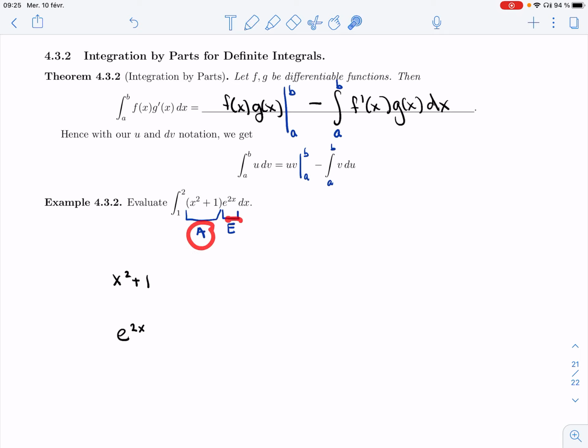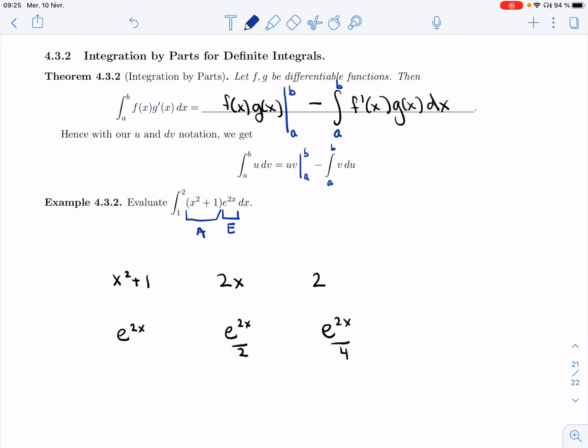Because it's an algebraic versus e, I know I'm going to differentiate until I get rid of the x's, so that's going to take me 2 steps. So first I'm going to get 2x, second I'm going to get 2, and so I need to integrate this one twice. So I'm going to get e to the 2x divided by 2, e to the 2x divided by 4.